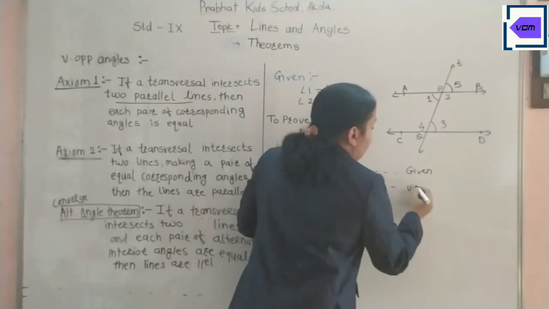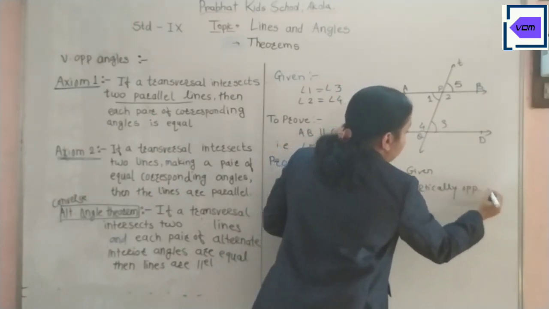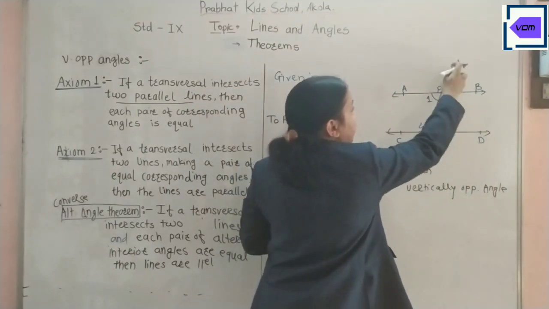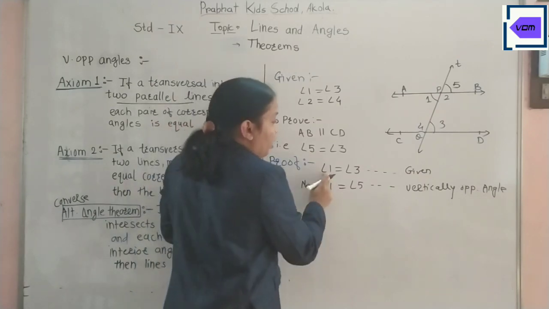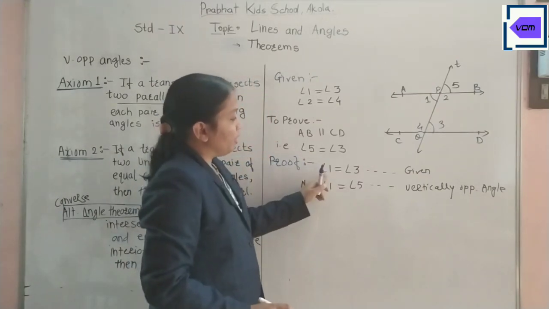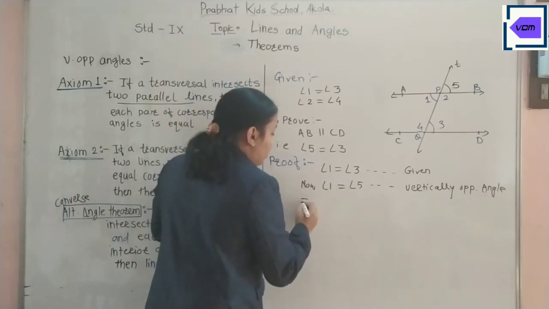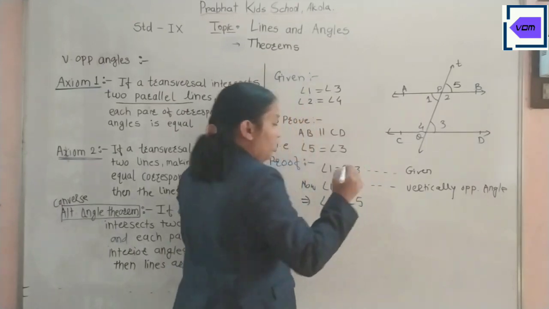Why? Vertically opposite angles. These are the vertically opposite angles as lines AB and PQ intersect at P. Now from 1 and 2, angle 1 is equal to angle 3 and angle 1 is also equal to angle 5. That implies that angle 3 is equal to angle 5.